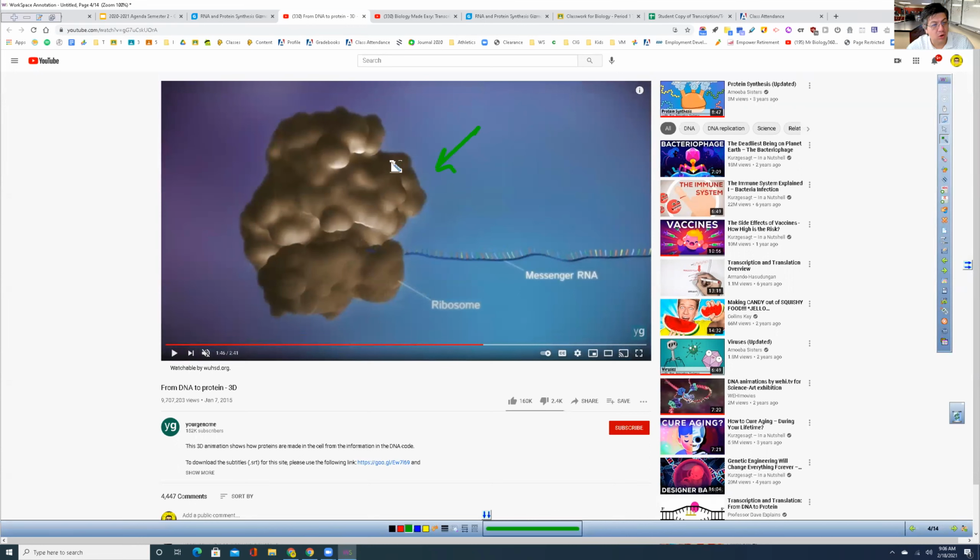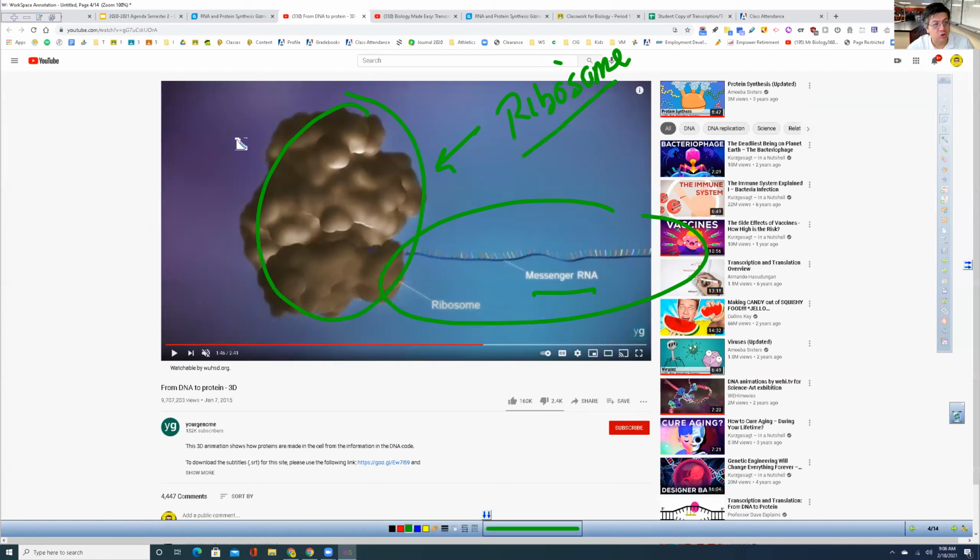Now the ribosome here, this big thing right here, that's the ribosome. This thing right here is the mRNA. And so now what the construction worker has to do, basically remember, think of a ribosome like a construction worker. What he has to do now is build the what, Daryl?